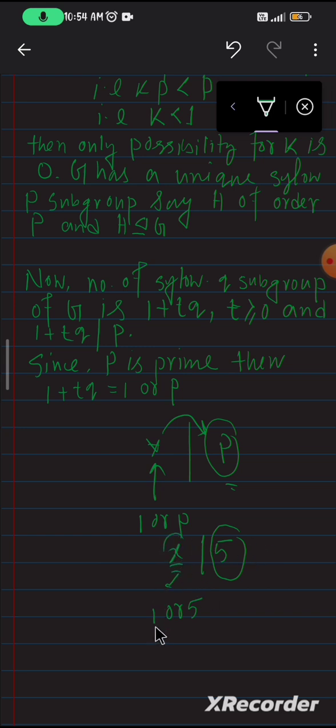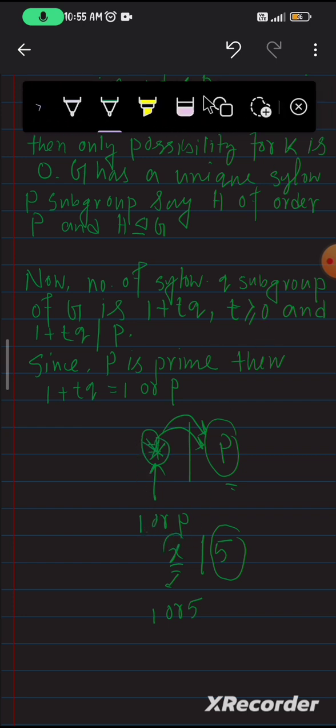If x is 1, it divides 5. If x is 5, it also divides 5. So if something divides a prime, the only possibilities are 1 or P. Let me write this.